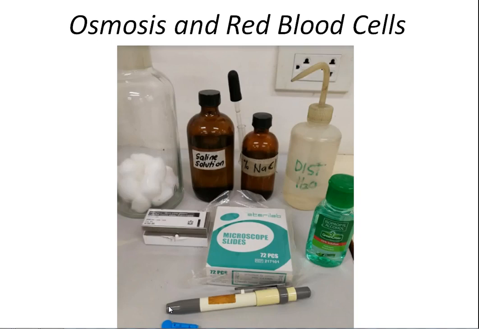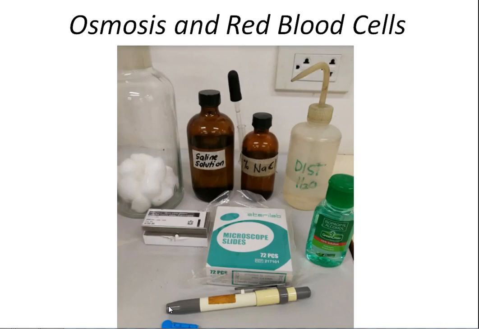Then we examine it under the microscope. We need to do this a bit fast so that we will not end up with a dried up specimen. We don't want a dried up specimen, and drying can also change the concentration of the solution that we have applied on our red blood cells.